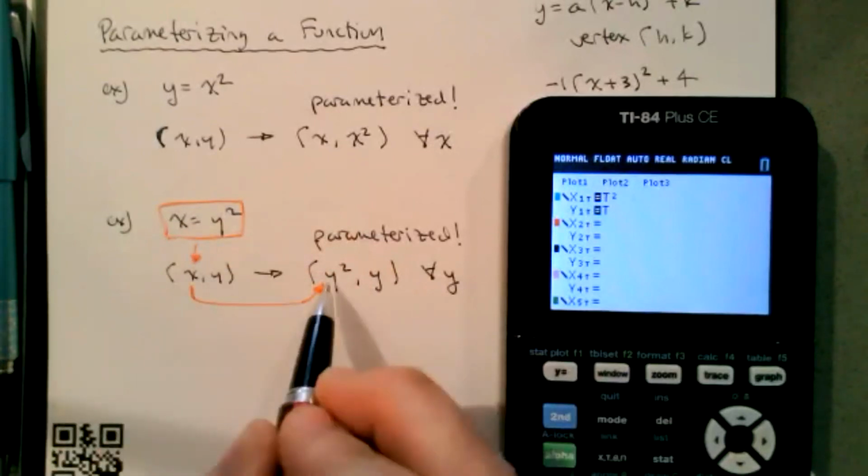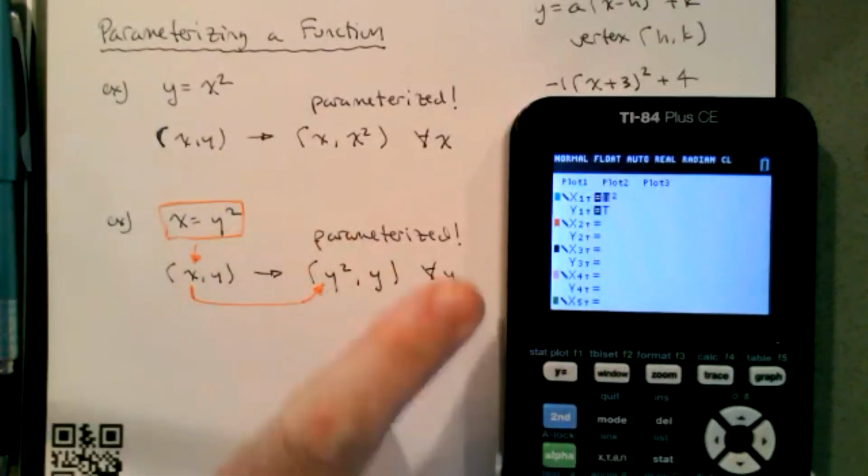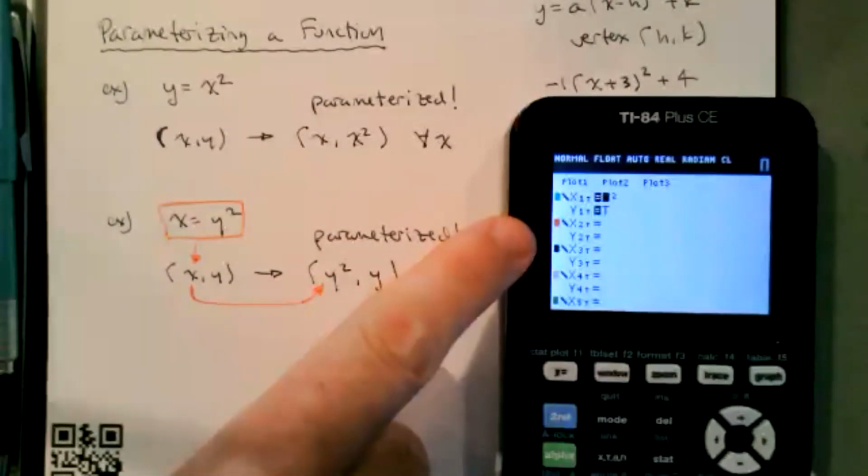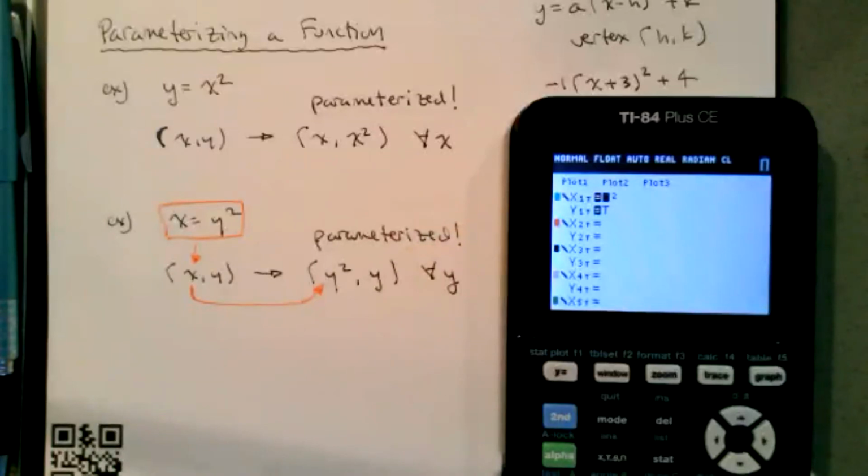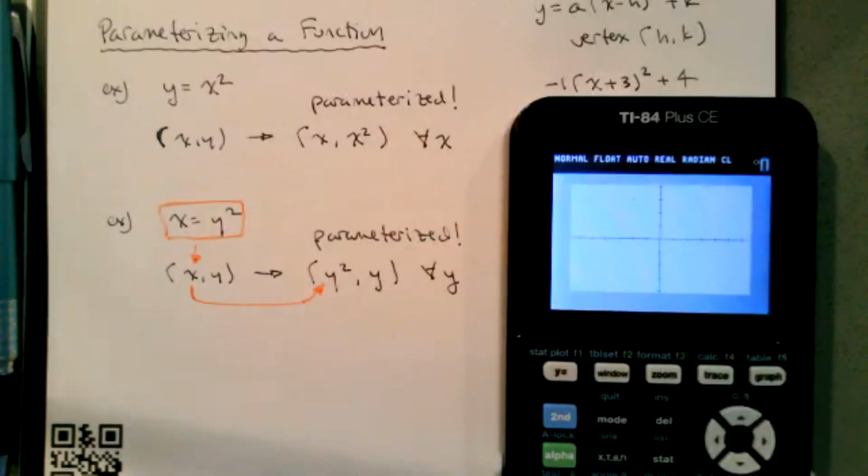Here's an x, let's replace it with y squared. Then if I take it to the parameterized entry, I can put in t squared for the x and t for the y, and I get the whole parabola.